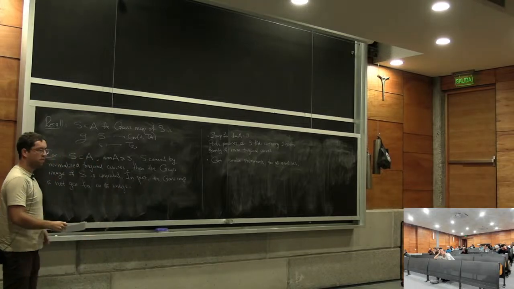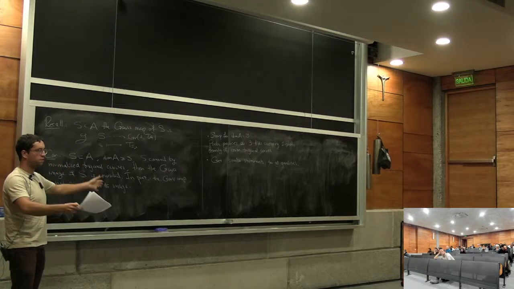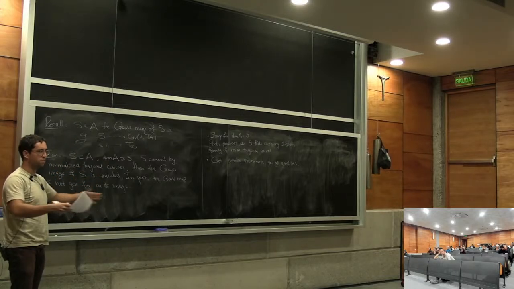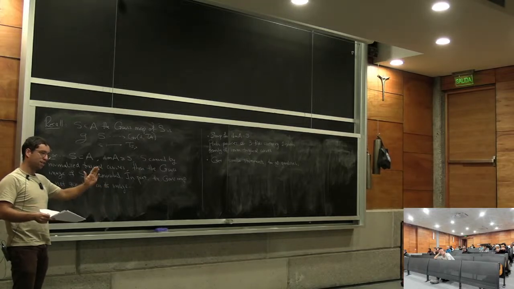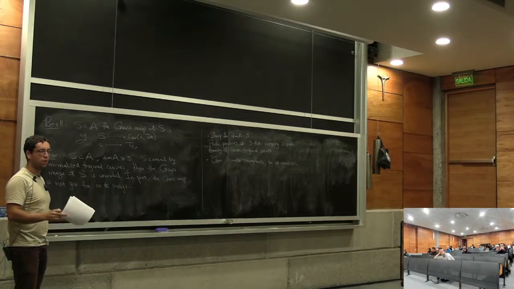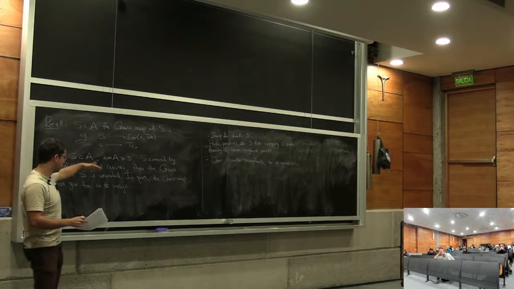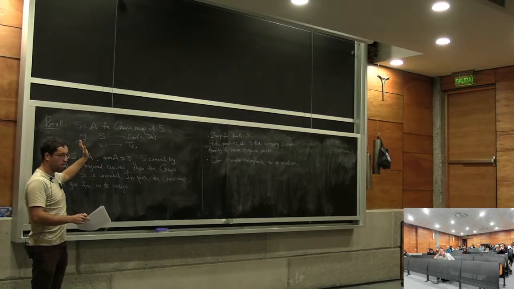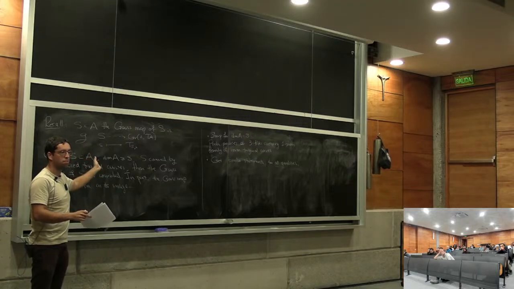Okay, and for me, that's a very strange statement. My expectation is that if you look at a surface in a large dimensional abelian variety, you have a lot of room there, and you're asking that basically the tangent space of your surface agrees at a bunch of different points. This is a very strange statement. My expectation is that the Gauss map should always be generically finite, birational on its image.